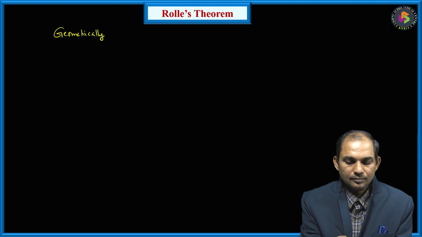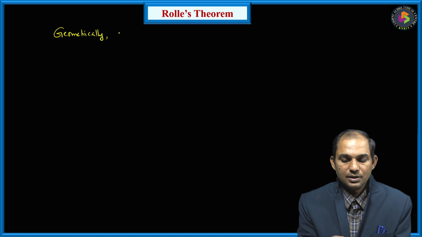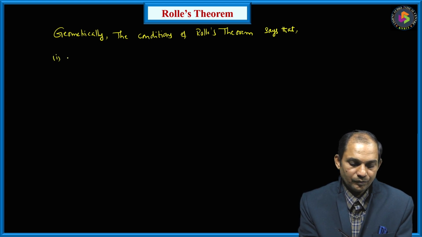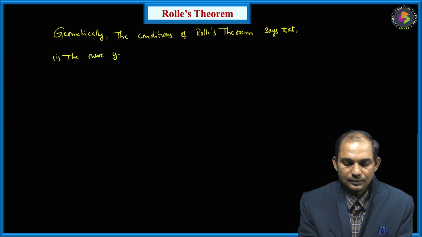Geometrically, the conditions of Rolle's theorem say that, first, the curve y is equal to f of x is a continuous curve.